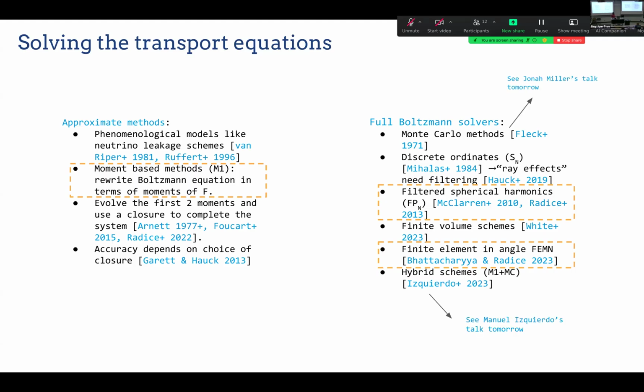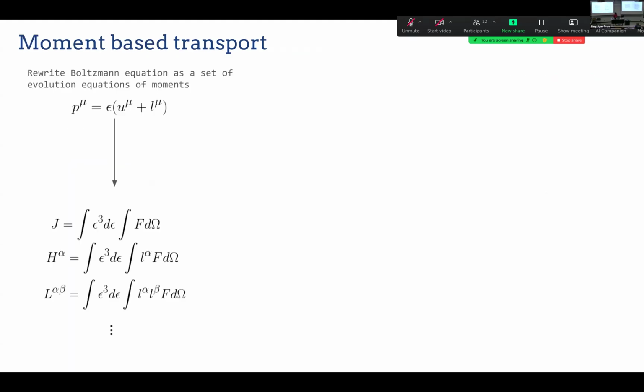There are talks tomorrow which will go into further detail on Monte Carlo methods and also on the M1 plus MC type schemes. So this is actually a port of the M1 that we have in THC.